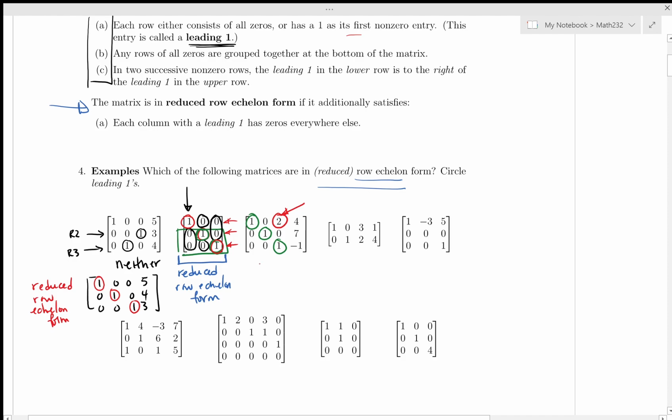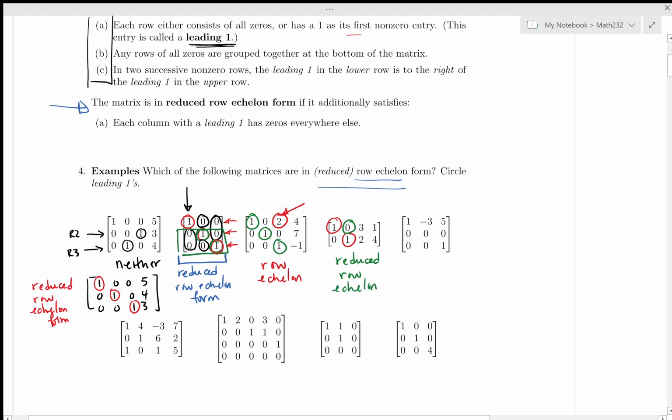So this one is in row echelon form. Let's move to the next one. I will circle the leading ones, and then I see that this guy here is a 0. So this, in fact, is in reduced row echelon form.